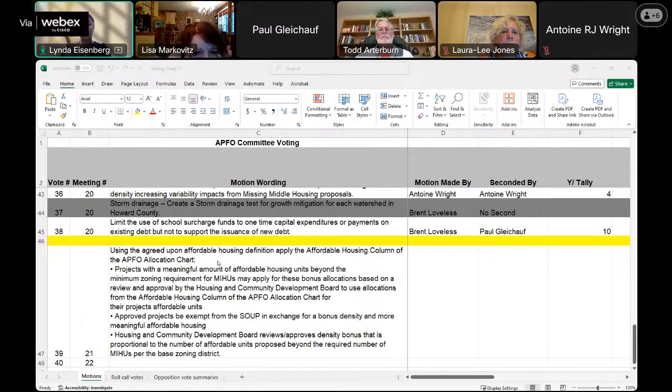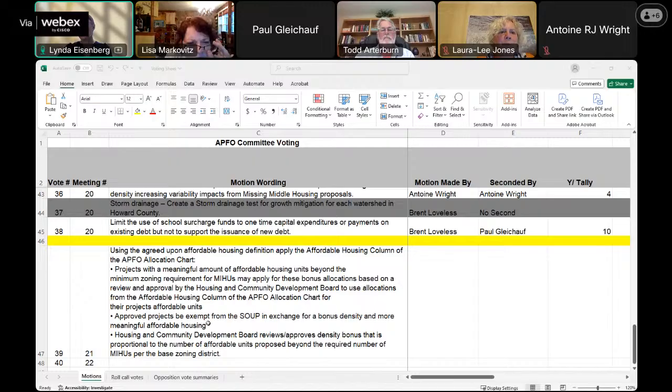You've already done that, so we're not asking that to be taken up again. But basically the gist of it is that development projects coming through with a meaningful amount of affordable housing units beyond the minimum zoning requirements may apply for these bonus allocations. That's more of the description of what the column would be utilized for.